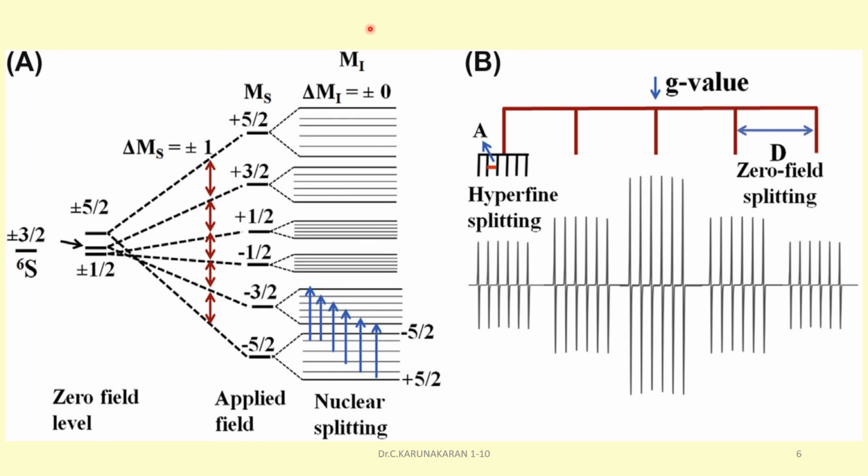So this is due to nuclear spin splitting. Therefore, plus 5 by 2 is the ground state. You see, this is plus 3 by 2 to minus 3 by 2, plus 3 by 2 to plus 3 by 2. Therefore, based on the delta MI equal to 0 selection rule, there are 6 lines, 1, 2, 3, 4, 5, 6. There are 6 lines observed for each of the fine structure lines.